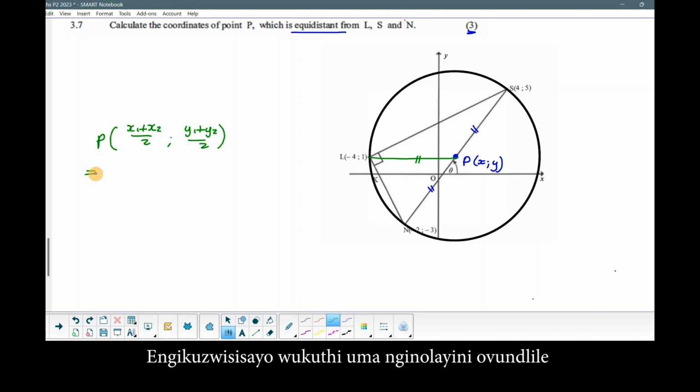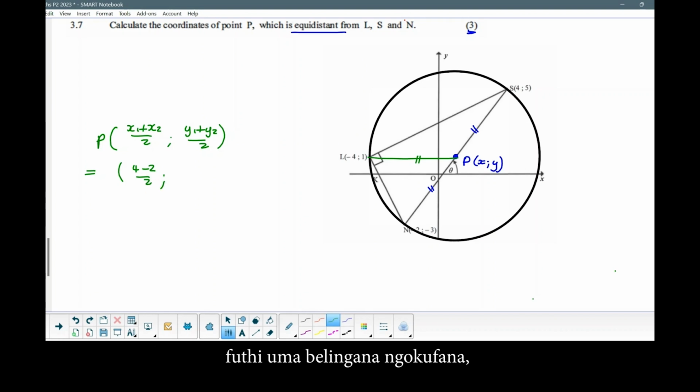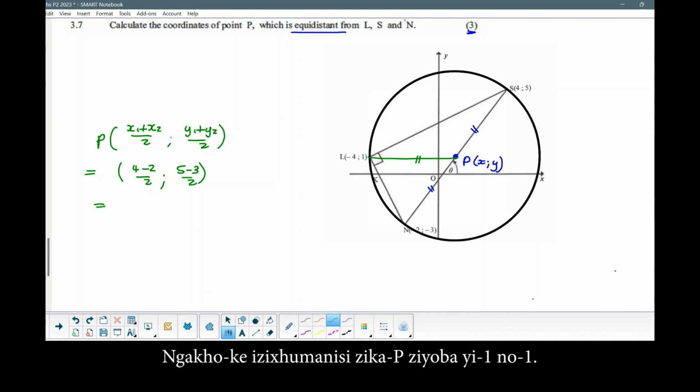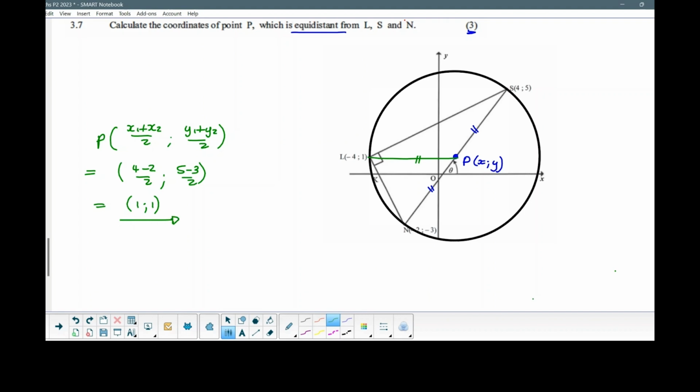So, what are the coordinates? 4 minus 2 over 2 and 5 minus 3 over 2. And the coordinates of P become 1 and 1. And for 3 marks, that's what is expected of you.